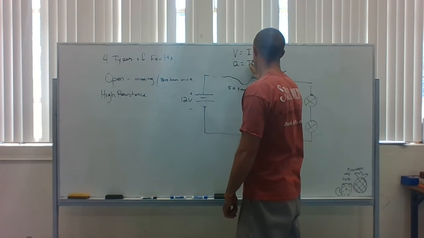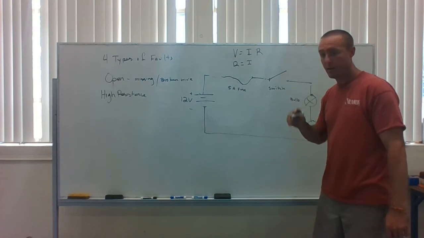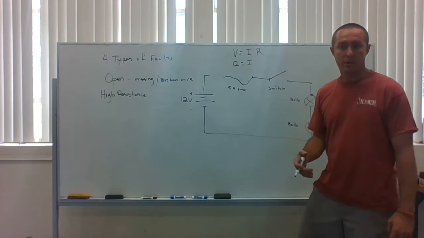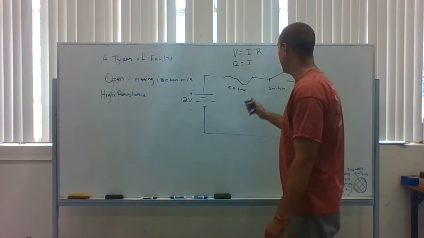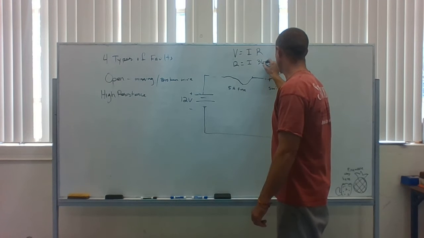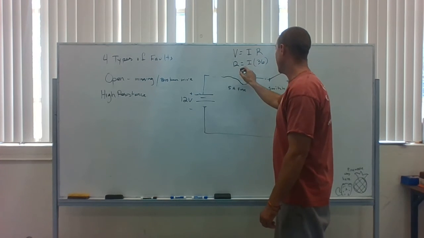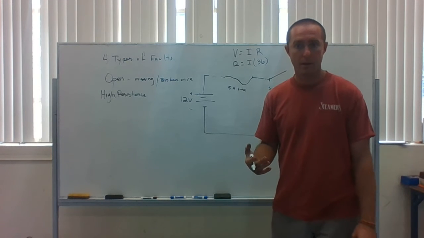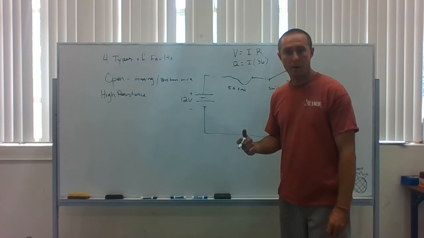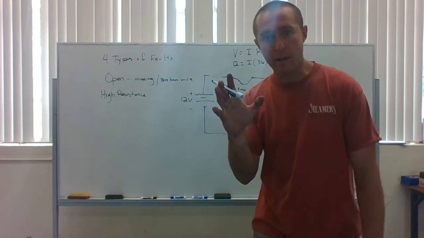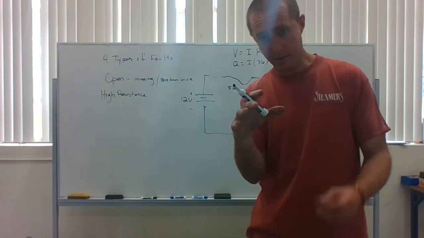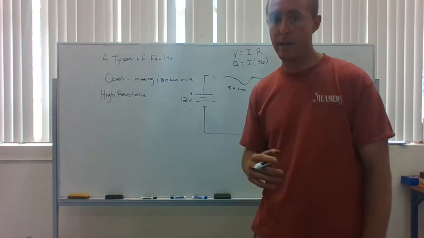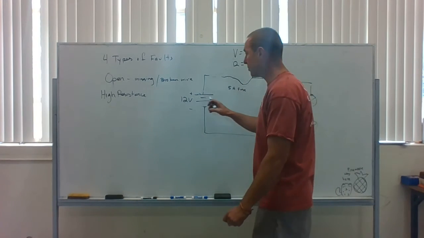Let's say I'll do 36 ohms of resistance, because that's going to be a number I can deal with in my head. If I had 36 ohms of resistance, I know that I is going to be 0.333. Well, a third of an amp may not even turn on a light bulb. Some LEDs and stuff on your dash, it will, but a headlight, it may not even turn on that light bulb. So my resistance is too high.